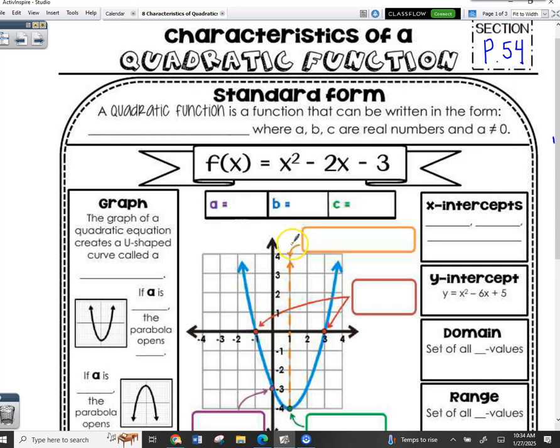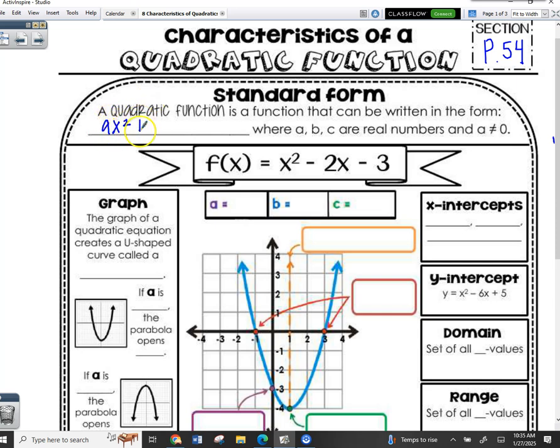Alphabetical order. You see how I tried to get you to say that a standard form is alphabetical order?